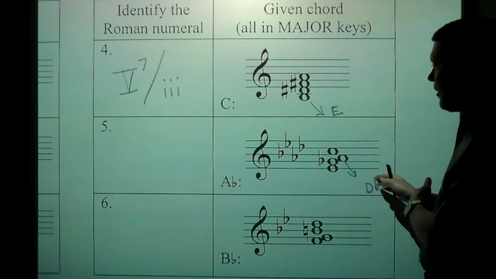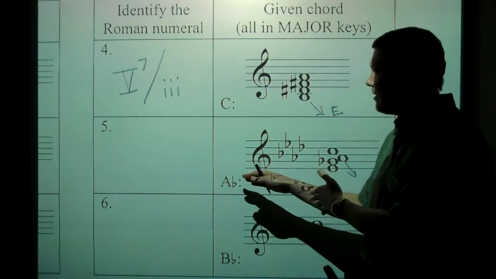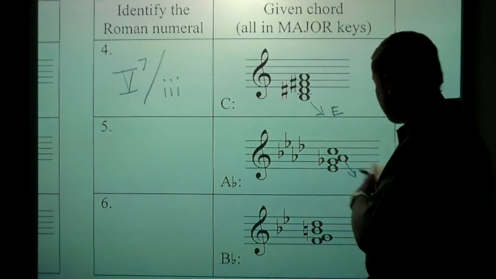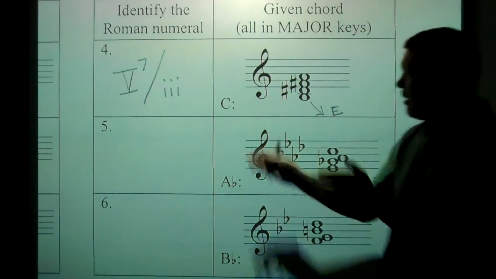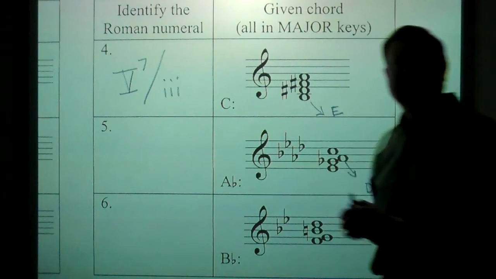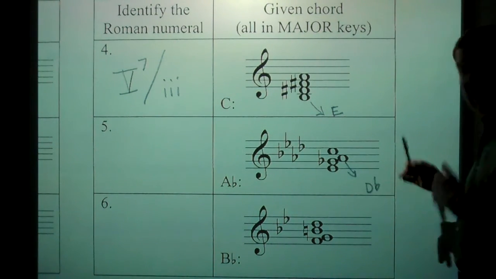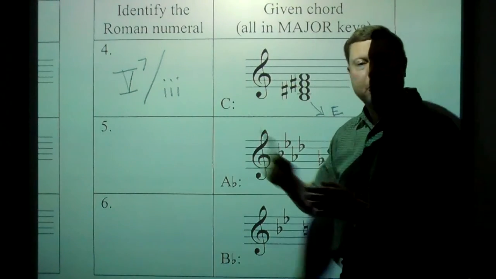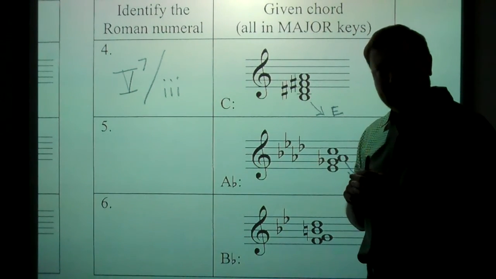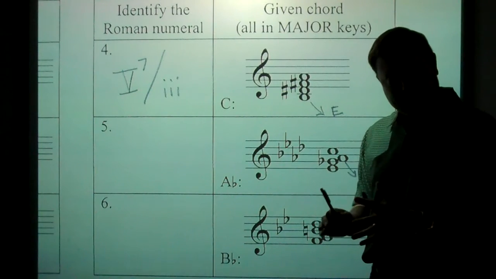And D flat would be the root of the chord that fits in this key. In other words, it would be the root of the chord we are tonicizing, the chord that goes to the right of the slash. Okay, now remember, the chord to the right of the slash must always be a major or a minor triad. It cannot be diminished ever.